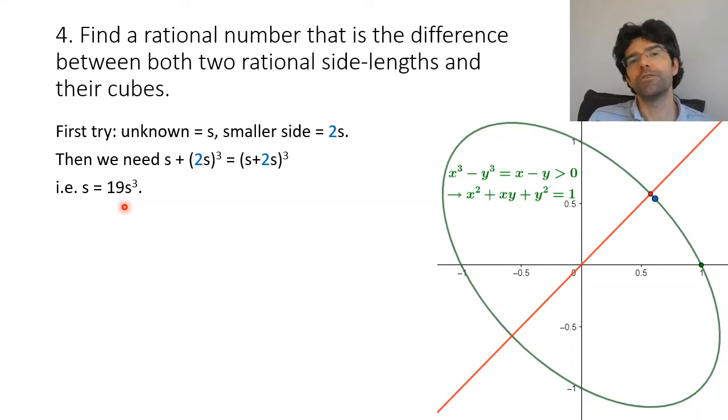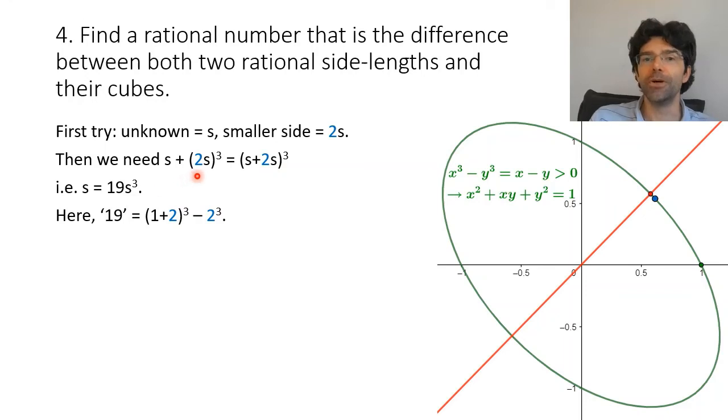So rather than just giving up on that and trying a different approach, let's analyse what it would take to tweak this 19 to produce a square number. So this 19 is the difference between the cube of the 2 here and the cube of 1 plus 2 here. So if we want to replace the 2, we formulate the following subproblem.